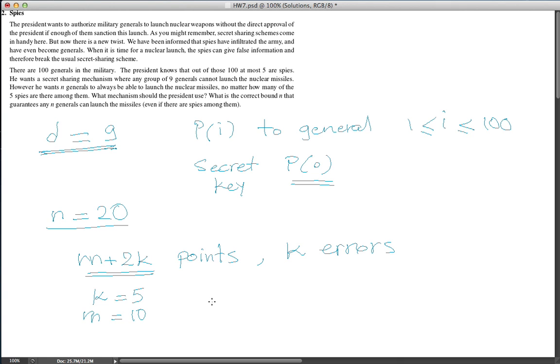So indeed we need 10 plus 2 times 5 equals 20 generals together, such that even if 5 spies are among them, they can still both find who the spies are and they can launch the missile, similar to the algorithm that we use for error correcting codes in the lecture.